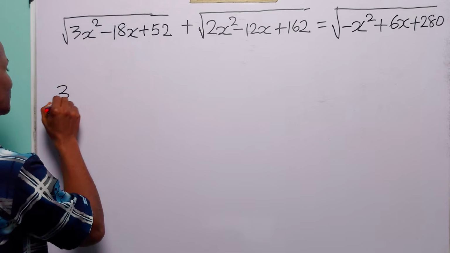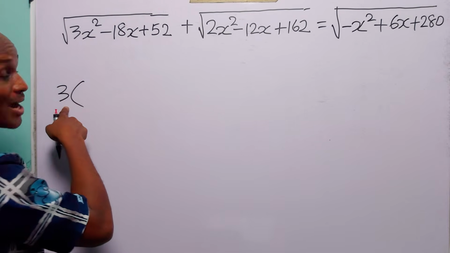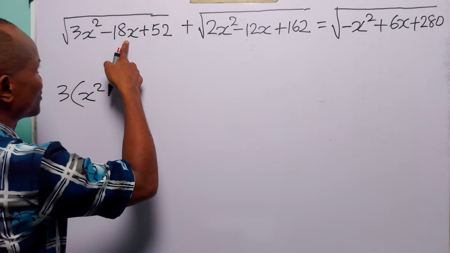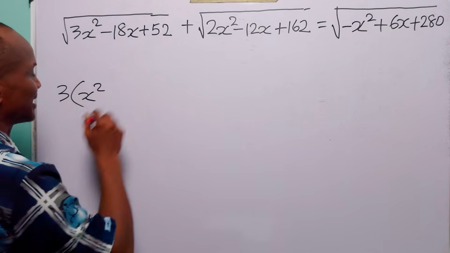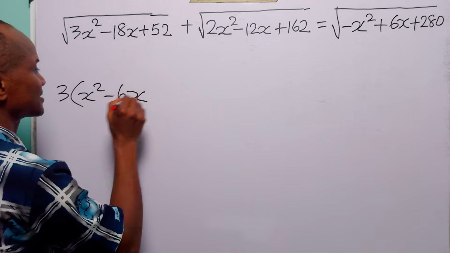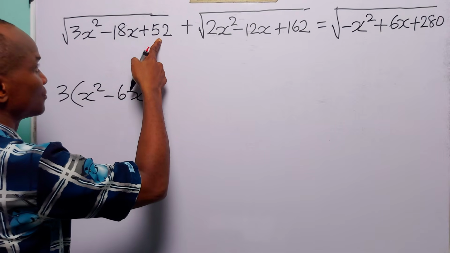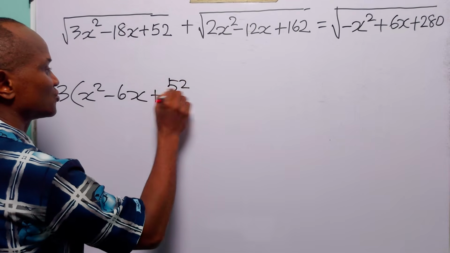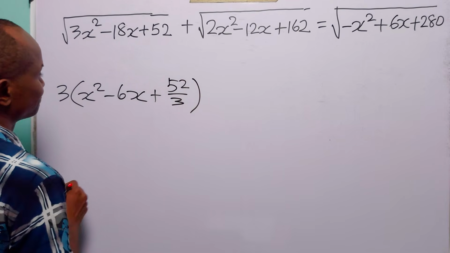When we do that, we have 3 into x squared, minus 6x, and 52 is not divisible by 3, so we leave this as 52 over 3.